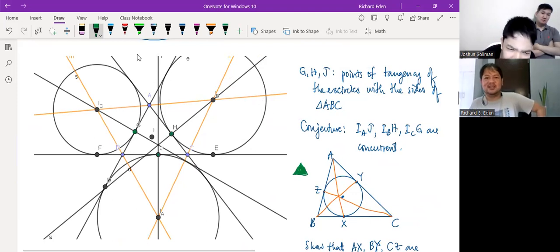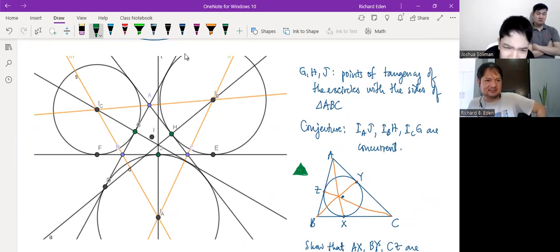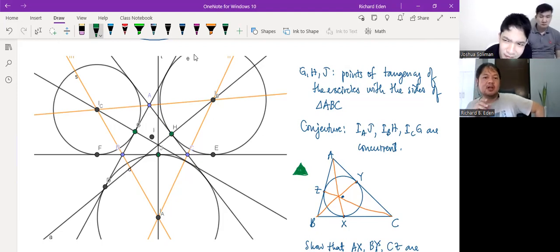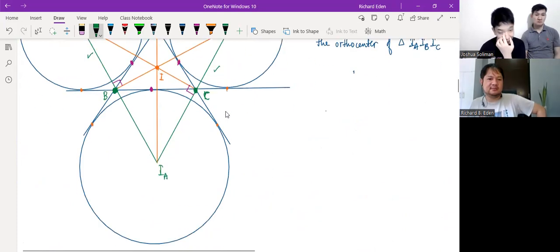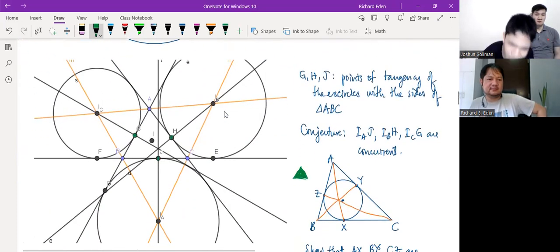I think it might be Ceva's theorem on the big triangle. We know the excircle. But you're right, this is not Ceva's theorem on triangle ABC. Actually, I think we should look into how the circumcenter was proven.